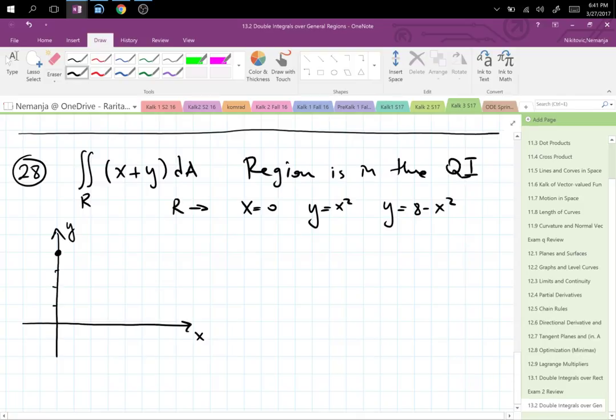And 2 root 2 would be the x-intercept. So I don't know, something like this, 2 root 2, right? Because that's the square root of 8. So the upper one looks like this. That's that function. And then we have x squared, right? So at 3, it's going to be 9. So it's going to look like this, right?